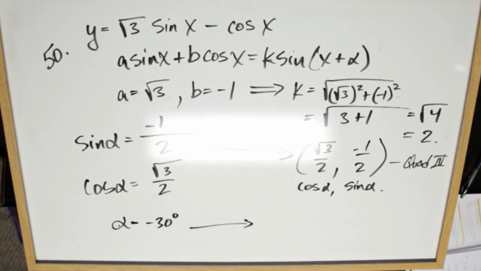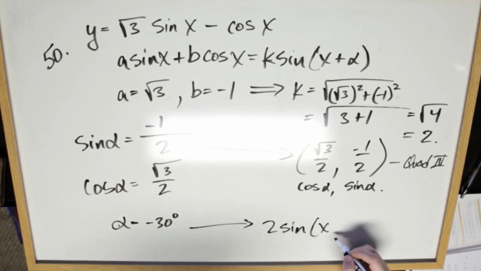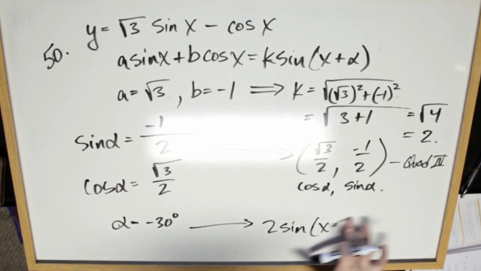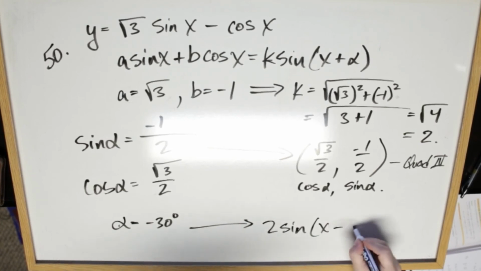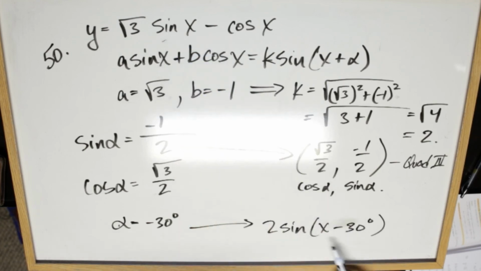When we plug it into the formula, we know k is equal to 2. Then we go back to our sine of x plus alpha. In this case, alpha is minus 30 degrees. So that's the solution. That's how you get to converting essentially something that looked like this up here into that guy right there. Those are the exact same things.